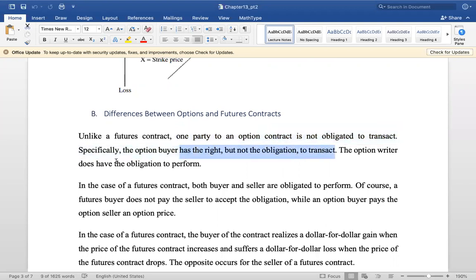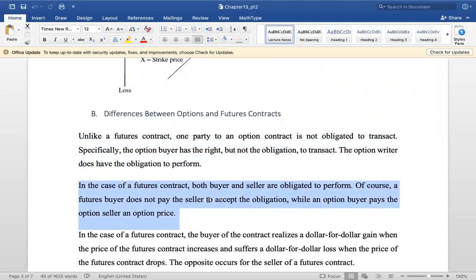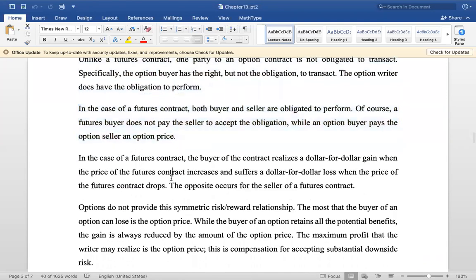The option writer does have the obligation to perform. He does not have any option; he has to perform. In the case of a futures contract, both buyer and seller are obliged to perform. Of course, a futures buyer does not pay the seller to accept the obligation, while the option buyer pays the option seller the option price.